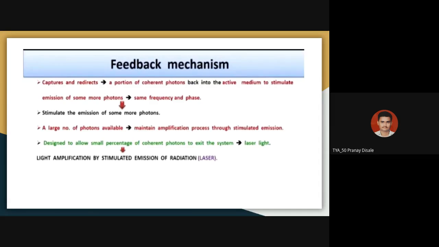But in the case of stimulated emission, it takes place when the excited electron or atom interacts with another photon. This is the main difference.